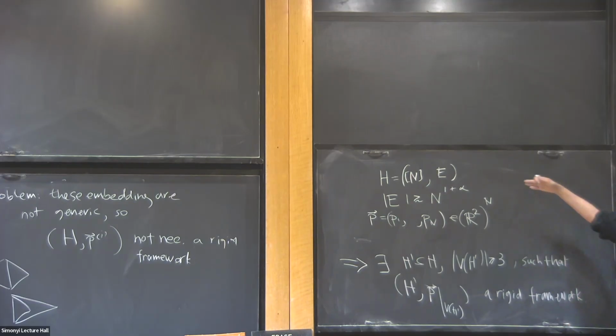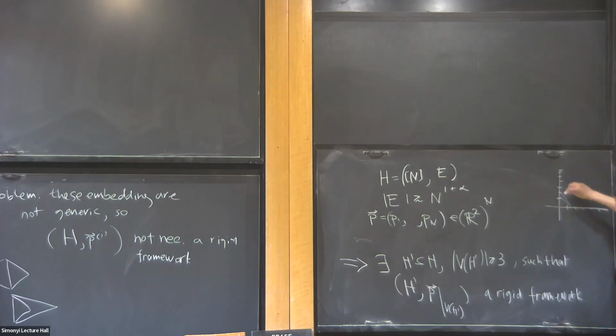Okay, so we start with a graph and an embedding, and we want to find a sub-framework that is rigid. We cannot expect this to hold as I wrote it because there is essentially the K33 example that I mentioned before.